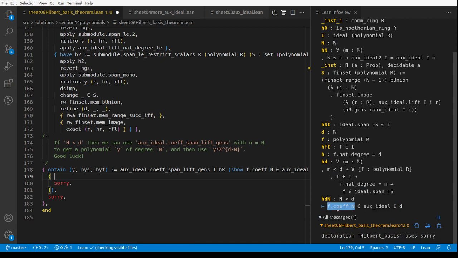You see, and that by definition it's in ideal IN, right? But d is bigger than n, right? You see, look, we can rewrite. Yeah. So it suffices to prove, is f coef n in ideal IN?